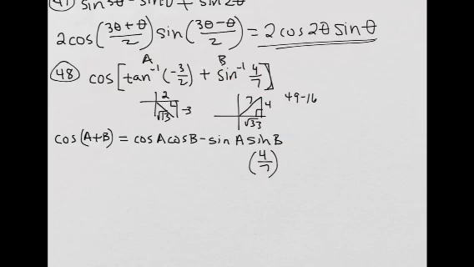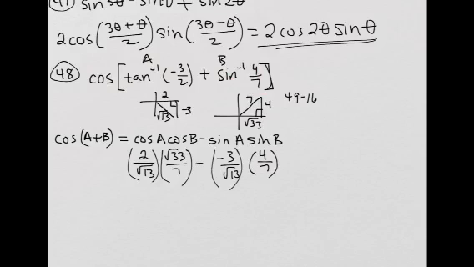Okay? Cosine of A, you go to angle A, and it's going to be 2 over radical 13. Cosine of B, you go to angle B, and it's going to be radical 33 over 7. Minus sine of A, you go to angle A, negative 3 over radical 13.